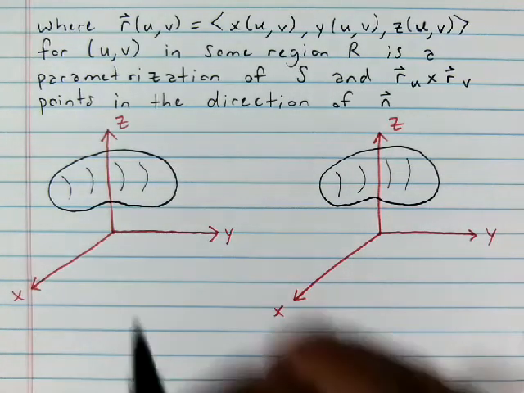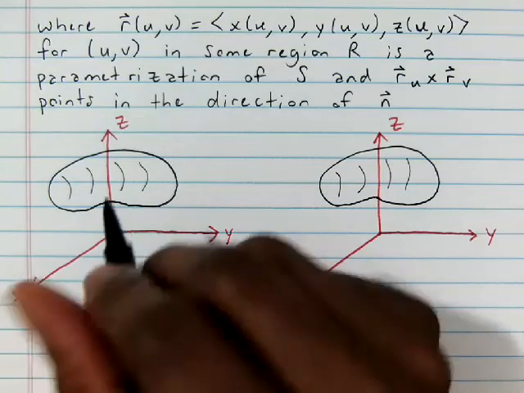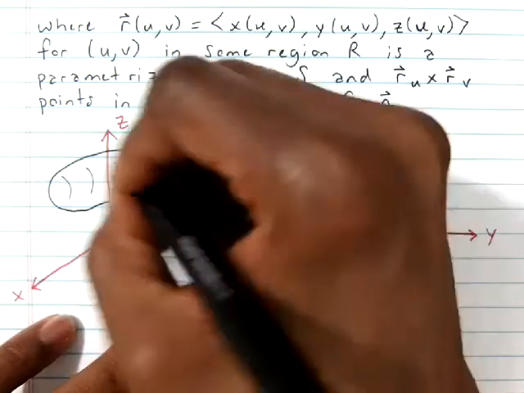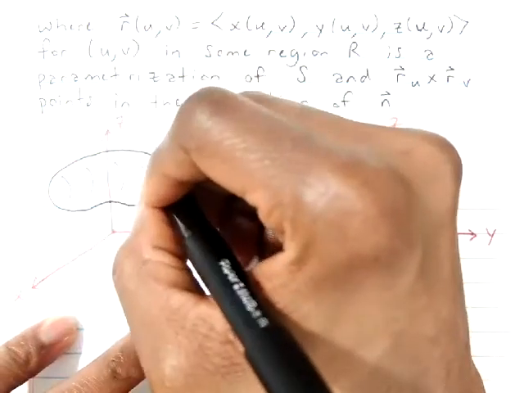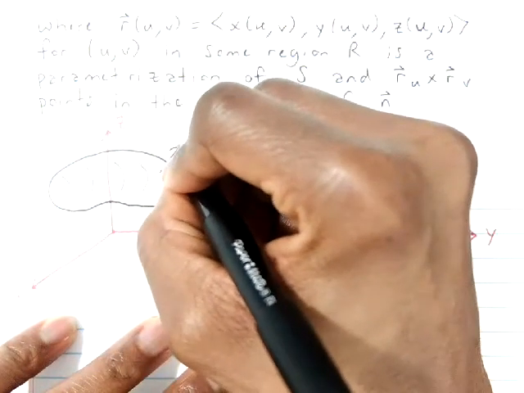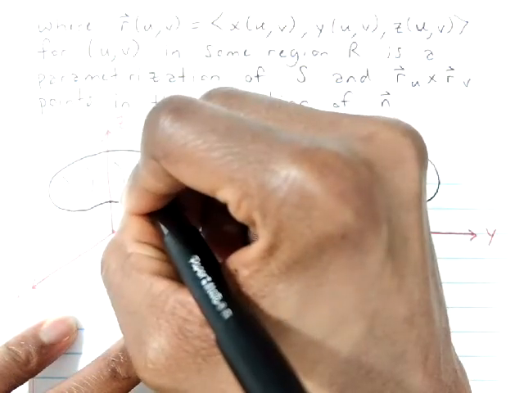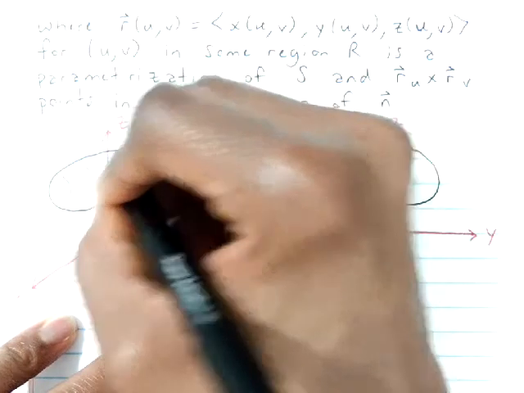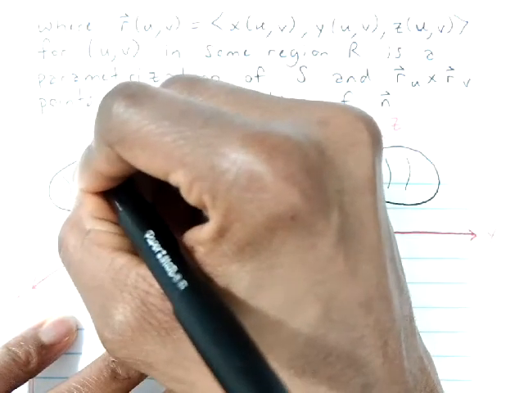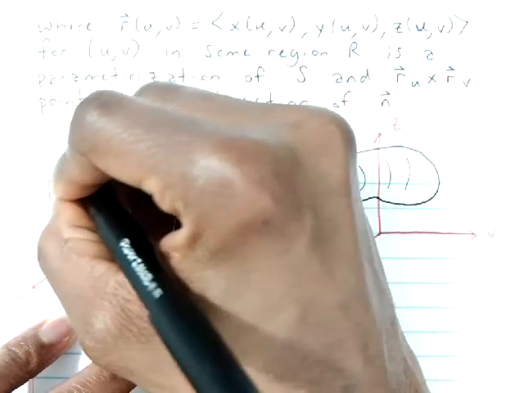Now, any surface that we have, we have some normal vectors on this surface. So sketch a few of those. So these are our unit normal vectors.